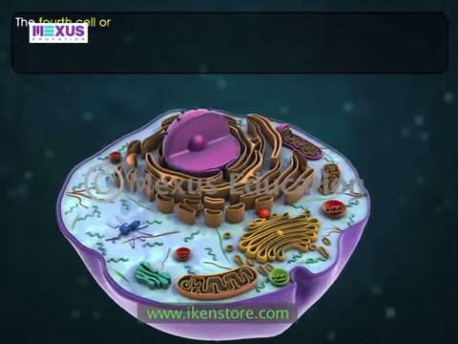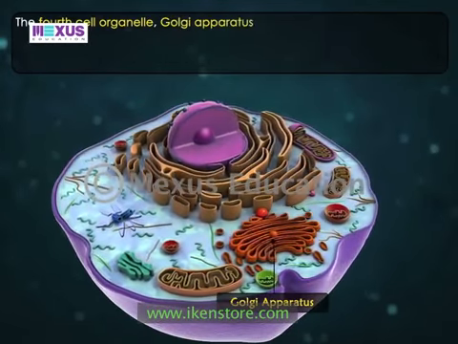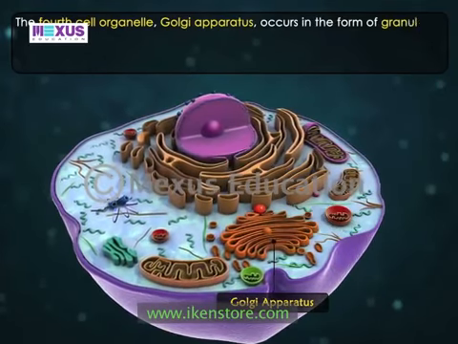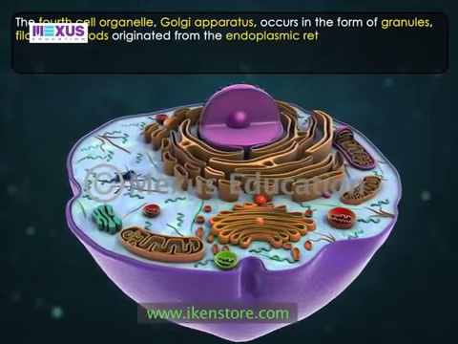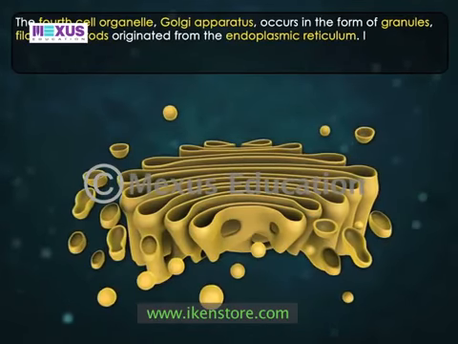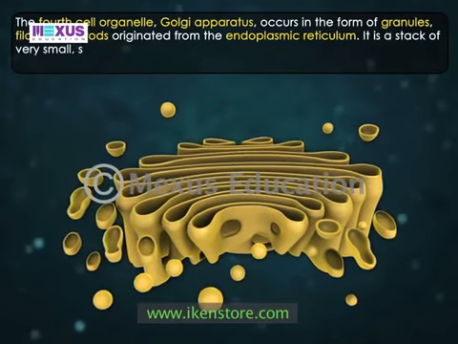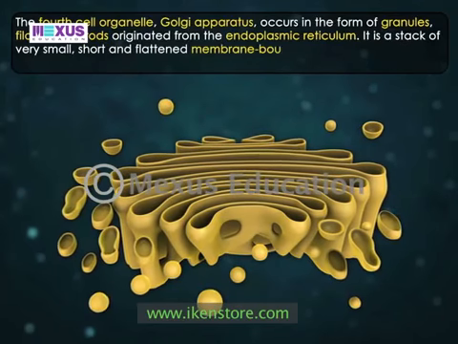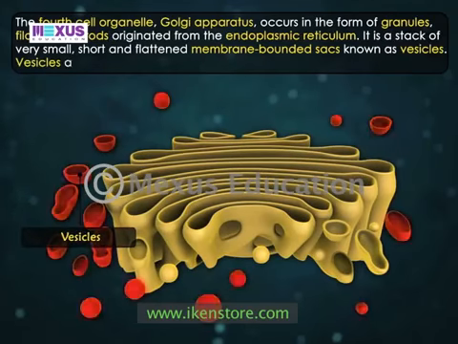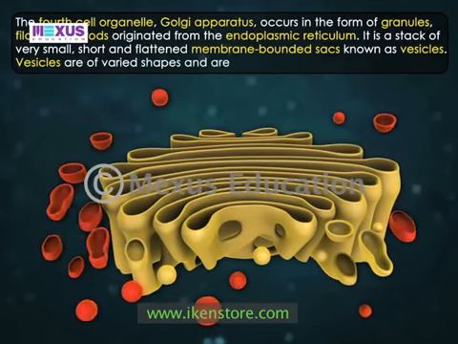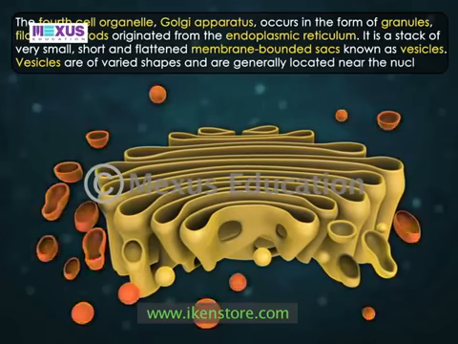The fourth cell organelle, Golgi apparatus, occurs in the form of granules, filaments, or rods originated from the endoplasmic reticulum. It is a stack of very small, short, and flattened membrane-bound sacs known as vesicles. Vesicles are of varied shapes and are generally located near the nucleus.